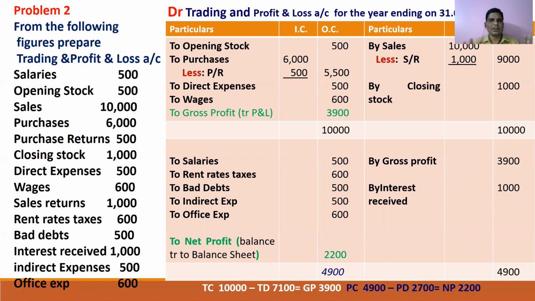What I am expecting from you is, no need to hurry and worry. Simply write trading account 10 times, write profit and loss account 10 times, and identify in your memory what the TDs, TCs, PDs and PCs are.